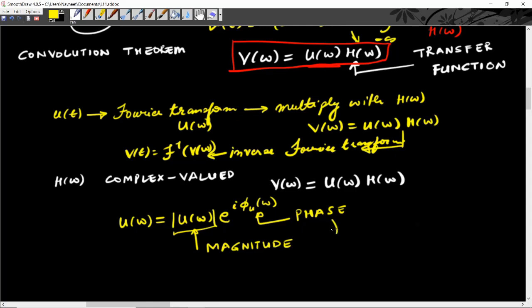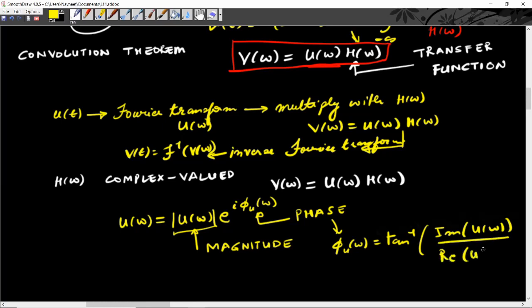And the phase is given by tan inverse of the imaginary part of U of omega divided by the real part of U of omega. Similarly, we can express V of omega and H of omega in this particular notation.